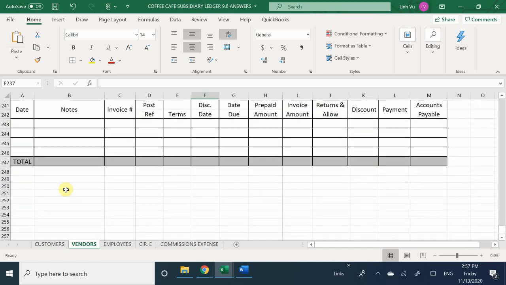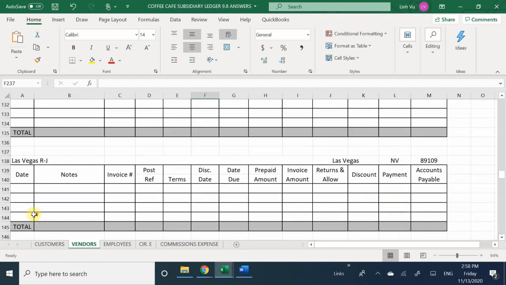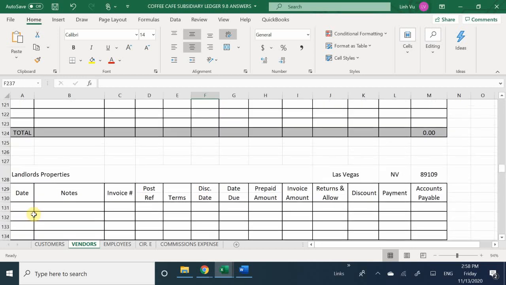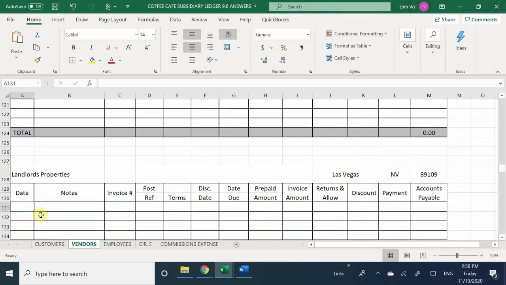So wherever landlord properties is, that's okay. So here you go. That's why it's better to have your Excel versus having your millions of Word documents open.